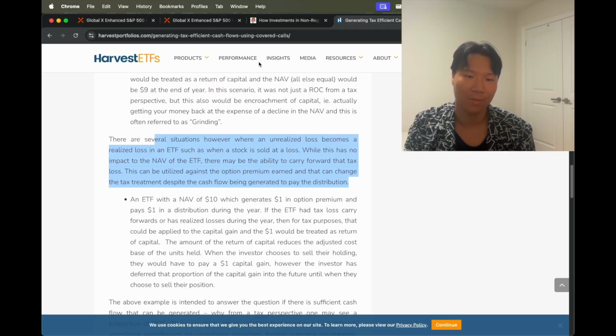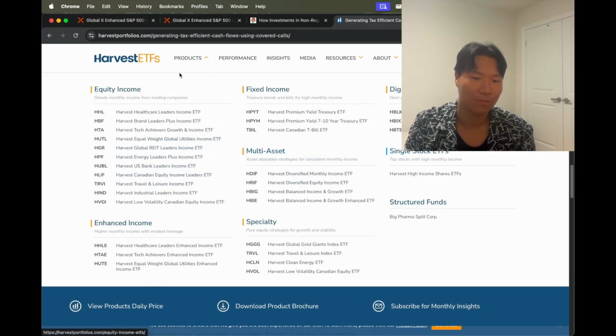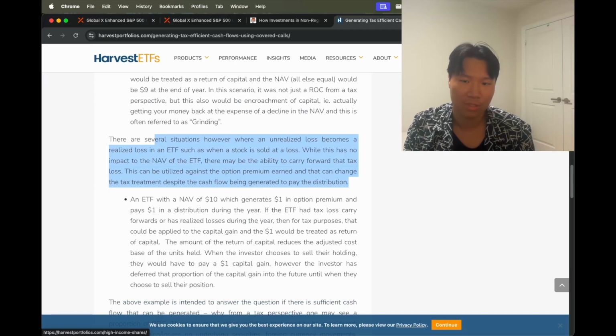And it even says in their products, like for example, if I look at HHIS, where is that? Oh, high income shares.